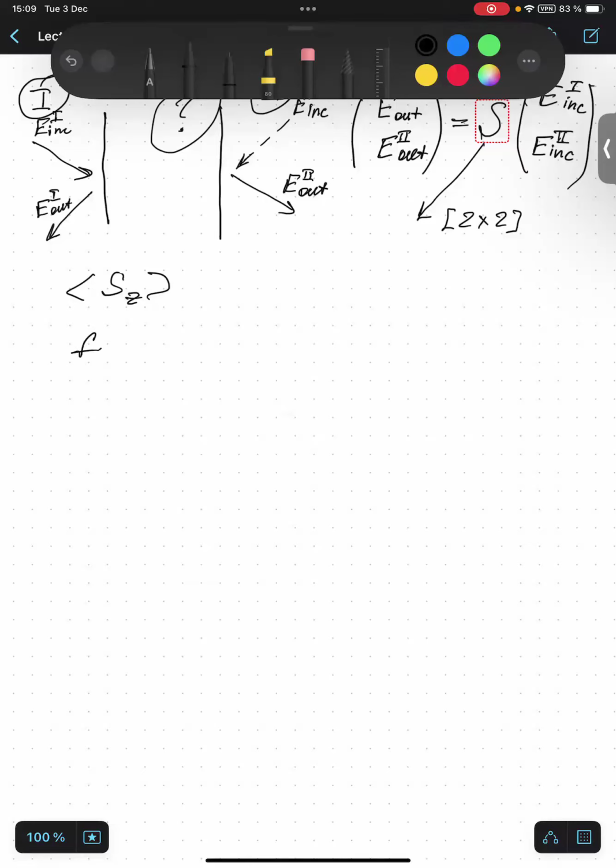For example, for the first region, we can say that it will be incoming field minus outgoing.